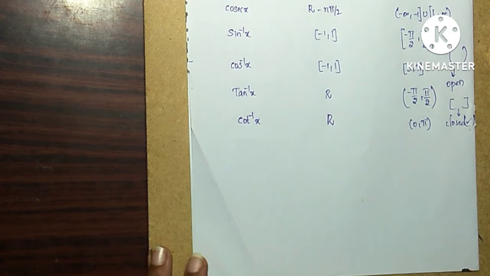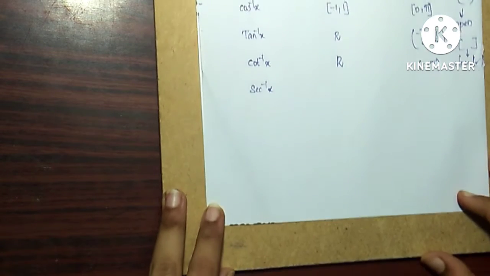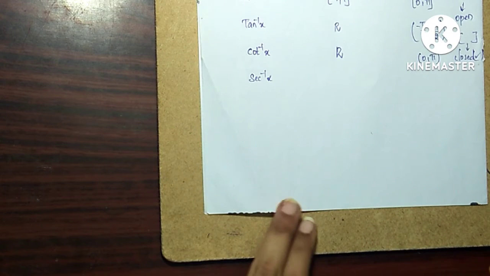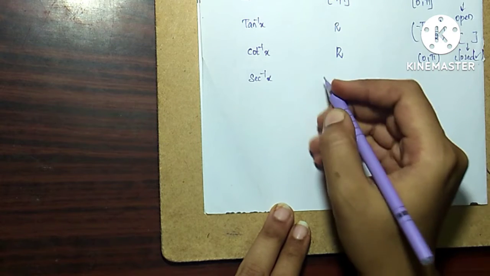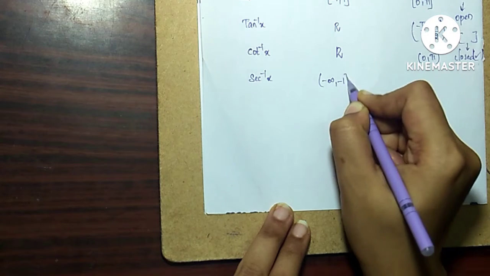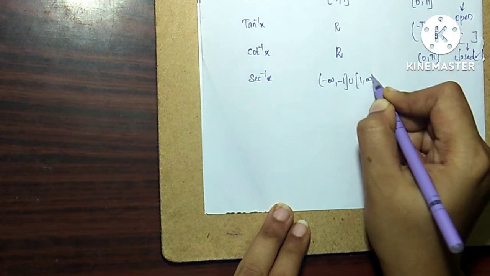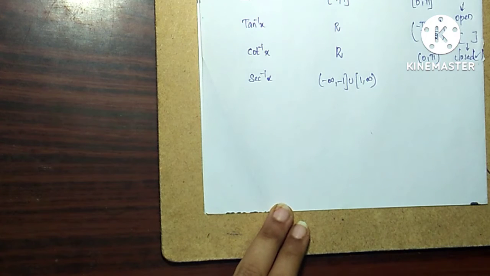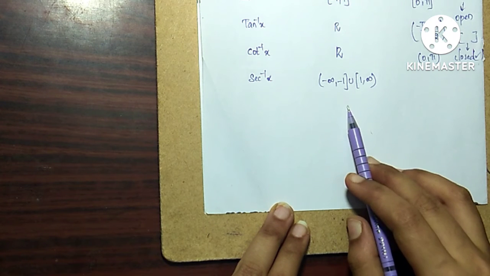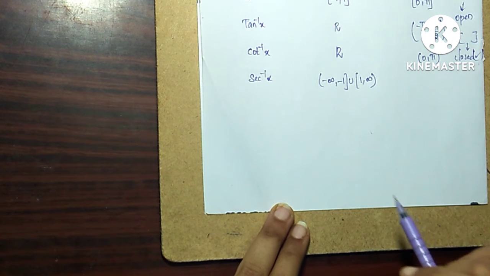Now it's done for cot inverse x, and next is secant inverse x. The domain for secant inverse x is open bracket minus infinity comma minus 1 closed bracket union closed bracket 1 comma infinity open bracket.